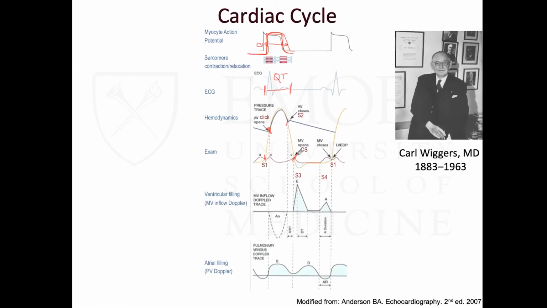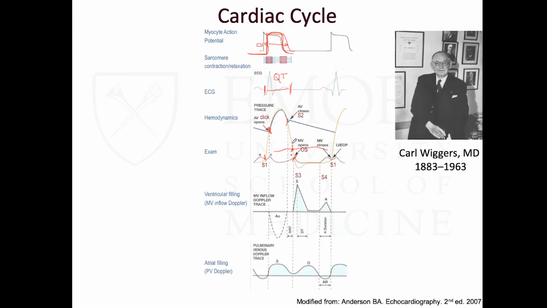If someone has severe mitral stenosis, the left atrial pressure is going to be high. And if the left atrial pressure is high, the intersection of left atrial pressure and ventricular pressure is going to occur earlier in the cardiac cycle.